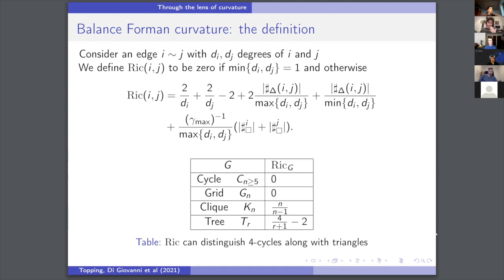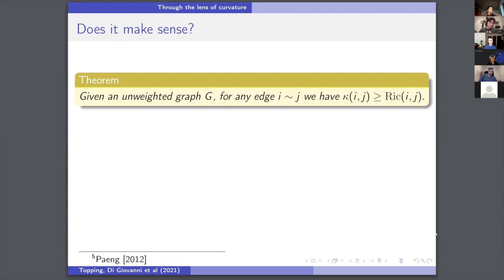This is not surprising, because the reason why you've seen this formulation is that this balanced Forman curvature truly is an expansion or an approximation of the Ollivier curvature. So we have this theorem that says essentially that we have a lower bound for Ollivier curvature given by balanced Forman curvature.